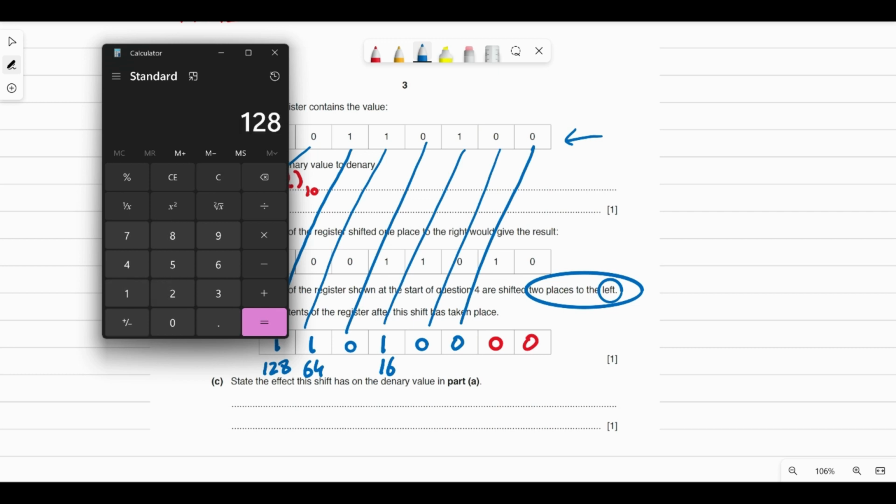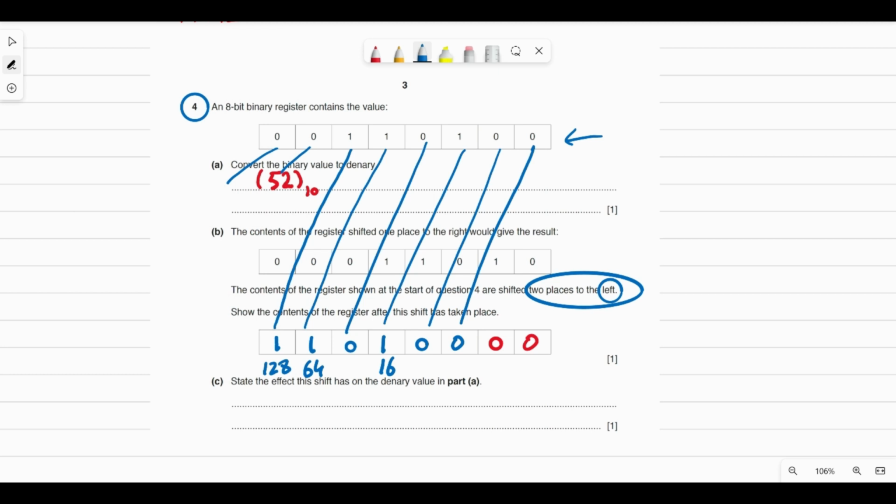It's 128 instead of 64 and 32. 128 plus 64 plus 16 is 208.